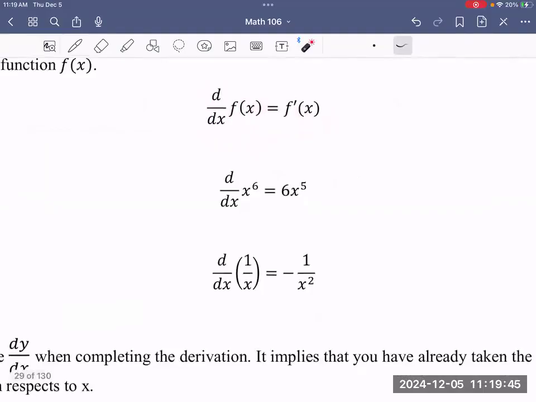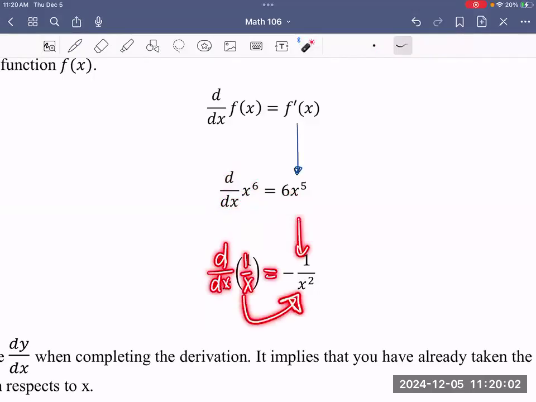So if it says derive when x is x to the sixth, then you can go ahead and derive. This is now your first derivative. And again, derive with respect to x. Therefore, when you derive, this is now your first derivative.